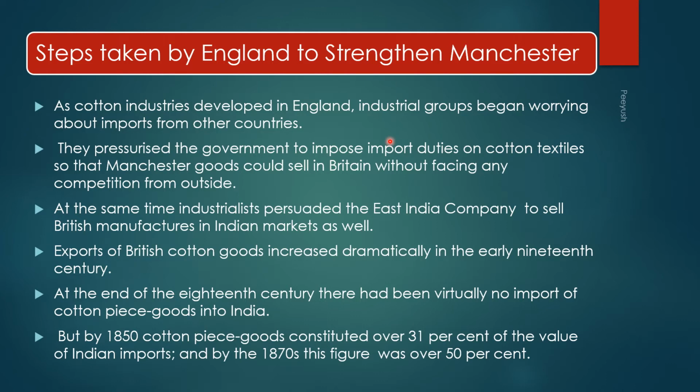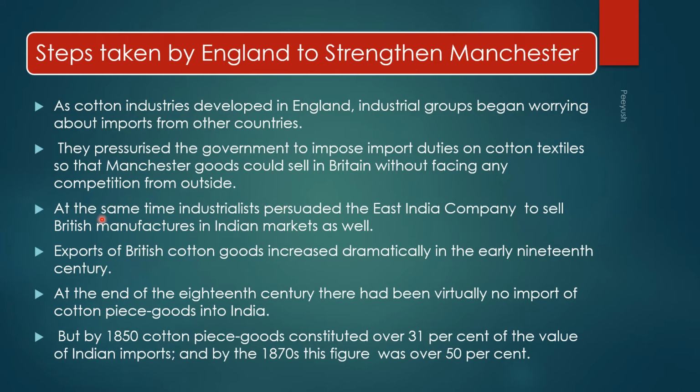So tax on import. They wanted tax on import for the products coming from countries like India to control all the imports. And when the imports would be regulated, it was very clear that the option for the local market would be to purchase products coming from Manchester, the Manchester goods. They wanted to remove or eliminate competition.